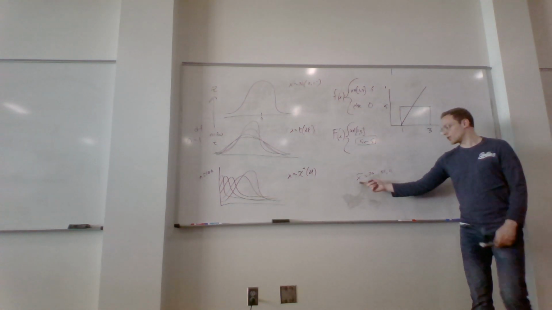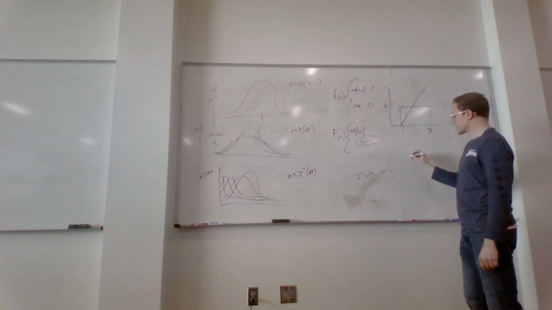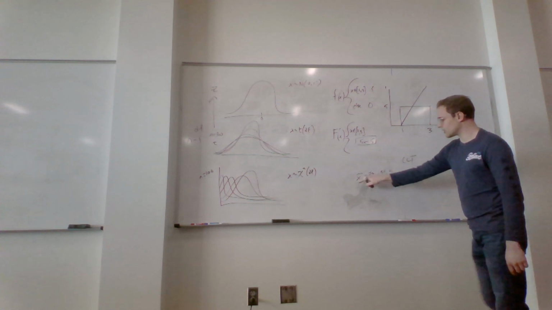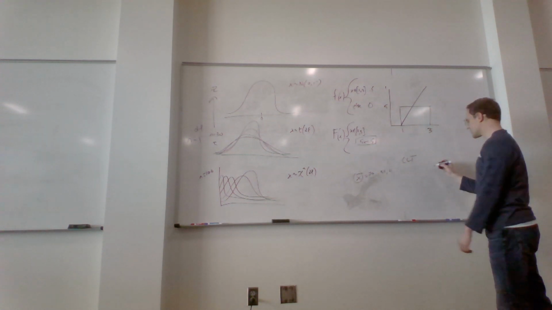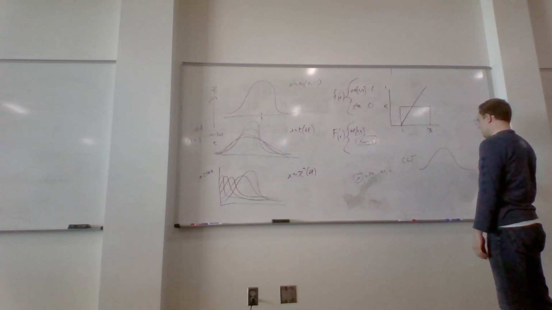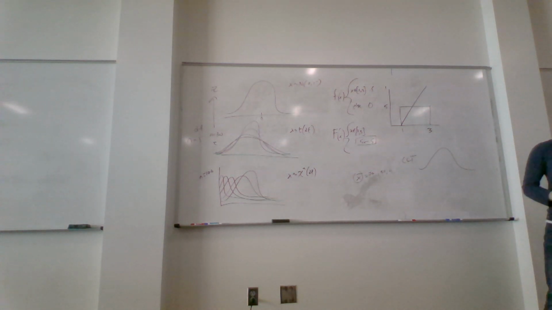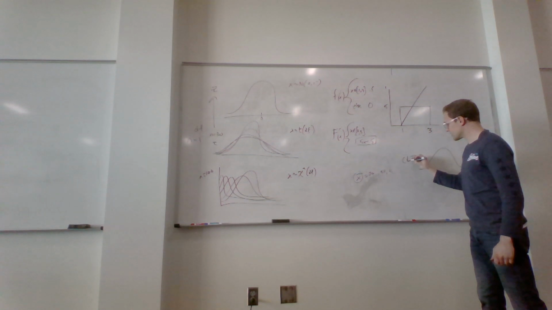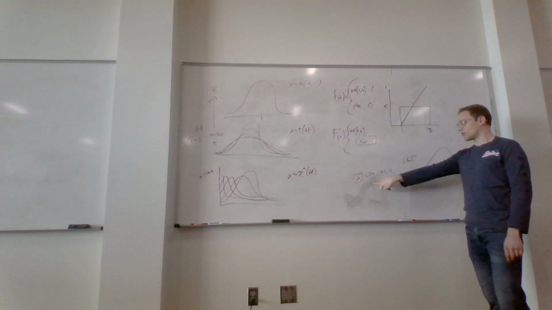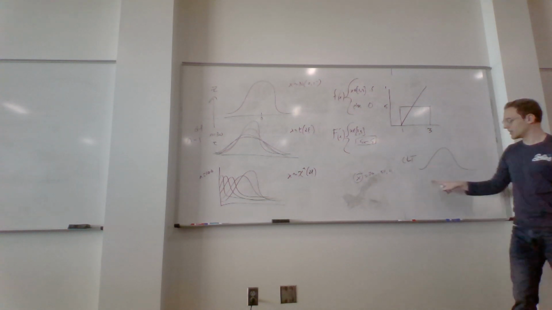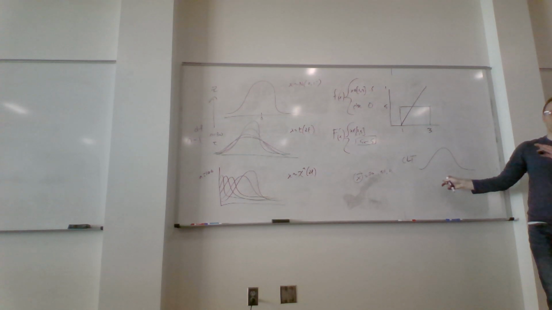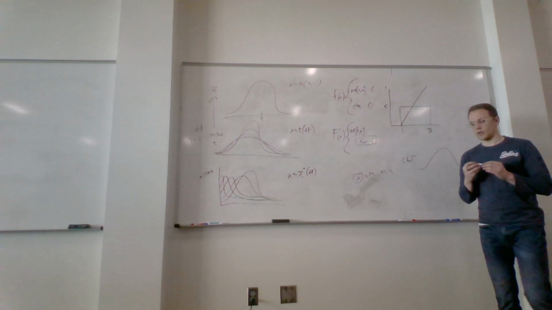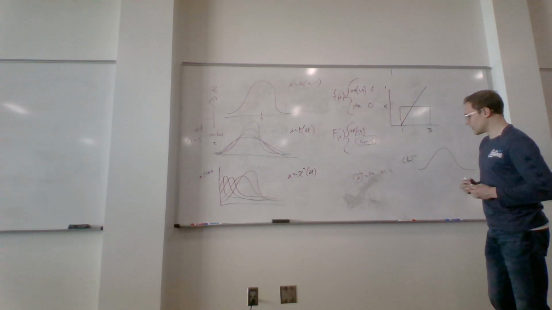If I keep doing this over and over, what the central limit theorem says is that the distribution of these sample means is going to be normal, no matter what the underlying distribution is. That's the central limit theorem.